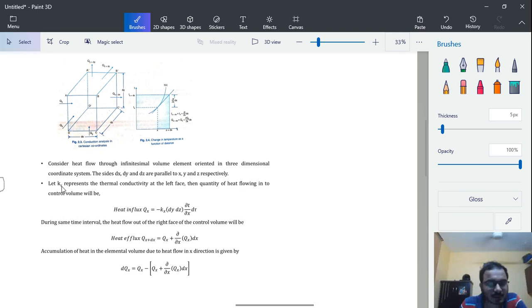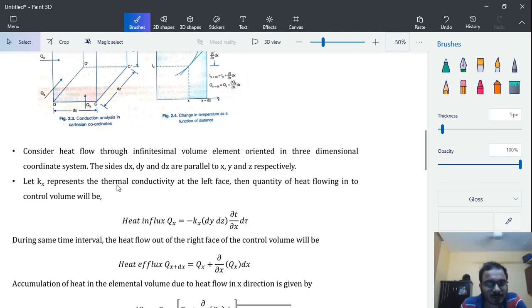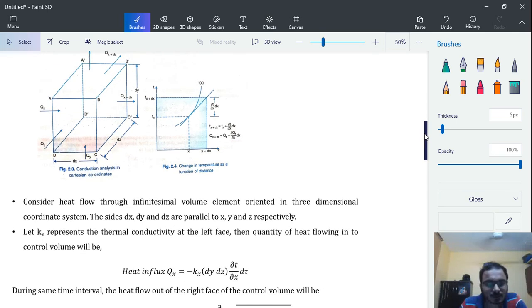So here, let us say that kx is the value which represents the thermal conductivity at the left face. So the value of thermal conductivity in x direction is kx. Then the quantity of heat flow into the control volume will be heat influx qx. Currently we are focusing on the value of qx, which is given by Fourier's equation.